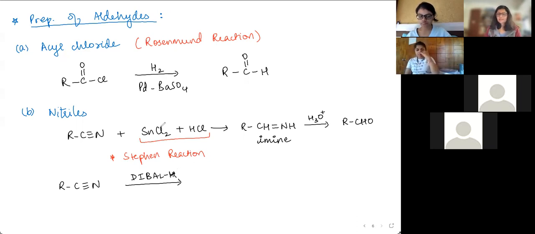Whether you use stannous chloride or Dibal H, the main thing is that hydrogen is being added across the nitrile. So the intermediates will be the same. Again, you'll end up with an imine, which on acidic hydrolysis will give you RCHO.